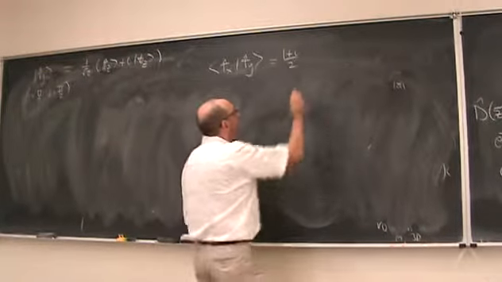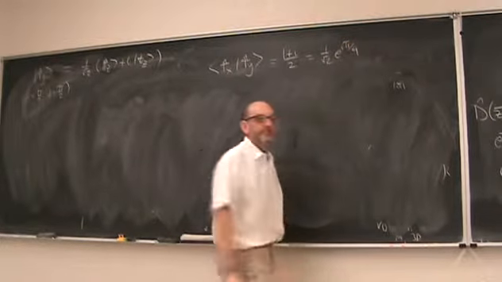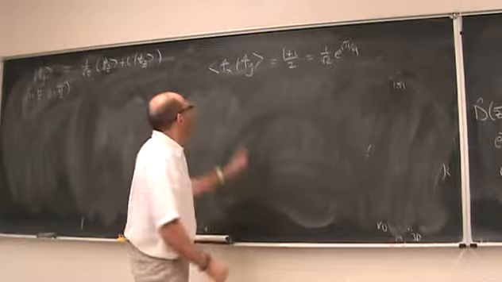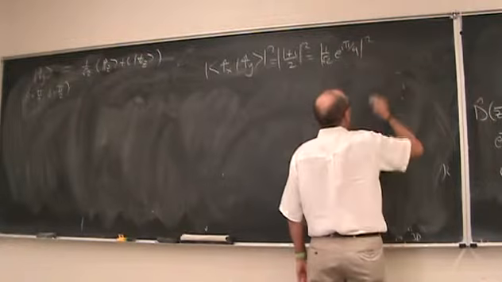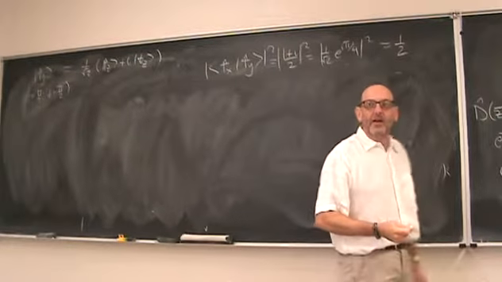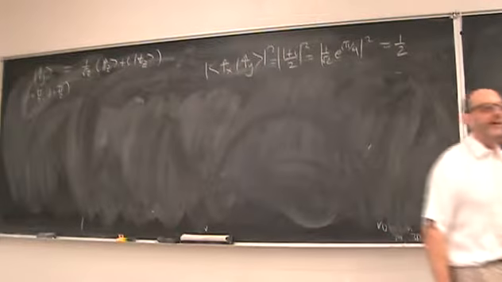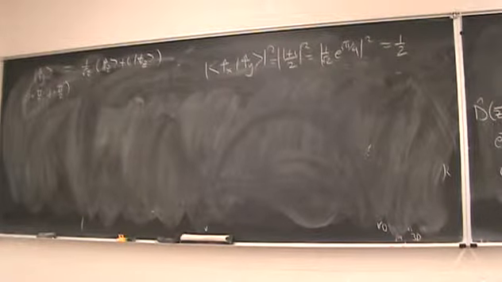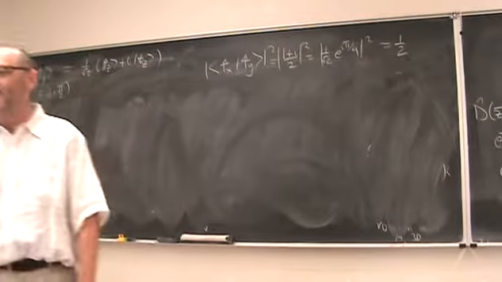Right? Which is equal to 1 over root 2 times e to the I pi over 4. Right? Of course, that means that there's a 50% probability of finding spin up along x if the state is initially prepared in spin up along y. Right? The thing that's orthogonal to spin up along y is spin down along y.